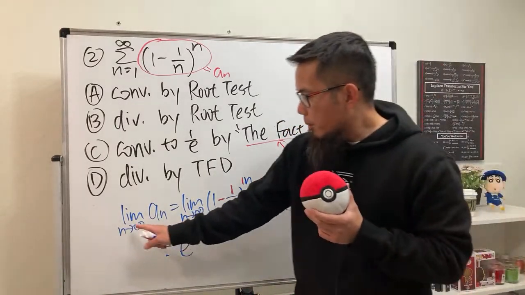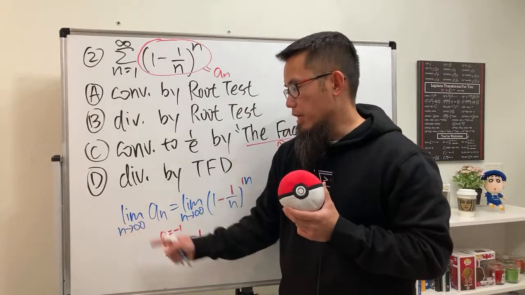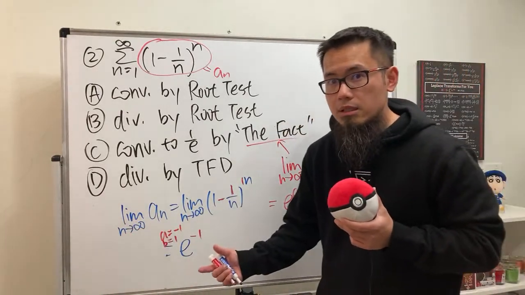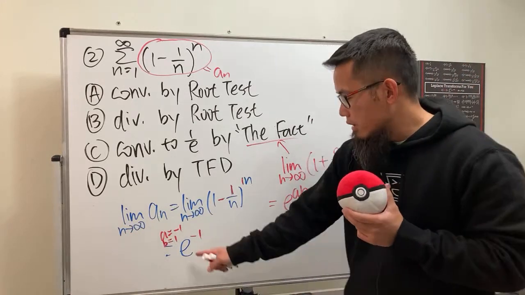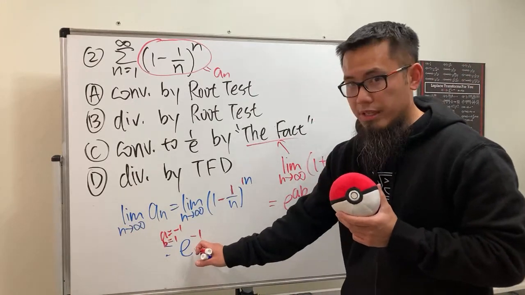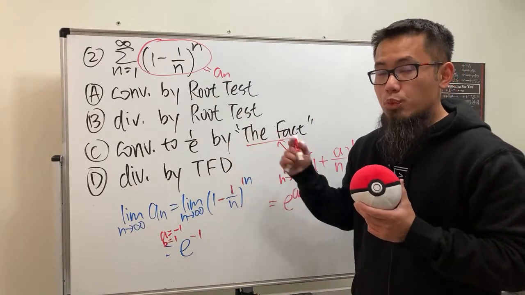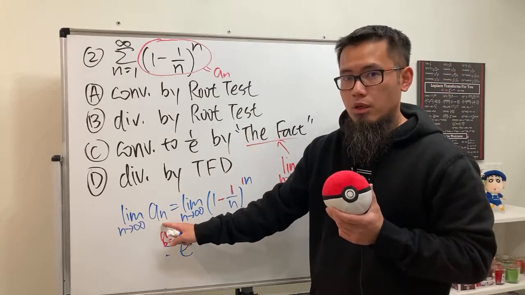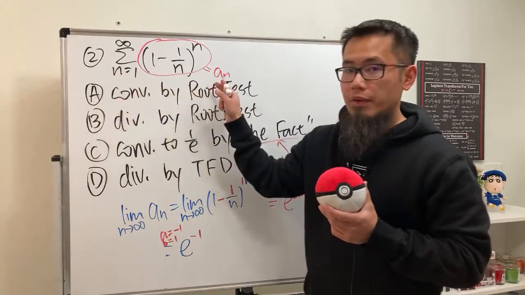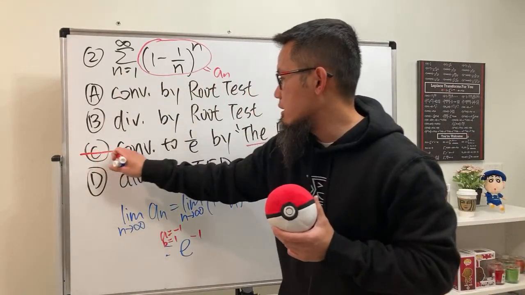But you see, the moment that we're doing the limit as n goes to infinity of an, this is to test for divergence. Do not choose option C, because we're not asking for the an. We're asking for the series of an. So C is not correct.